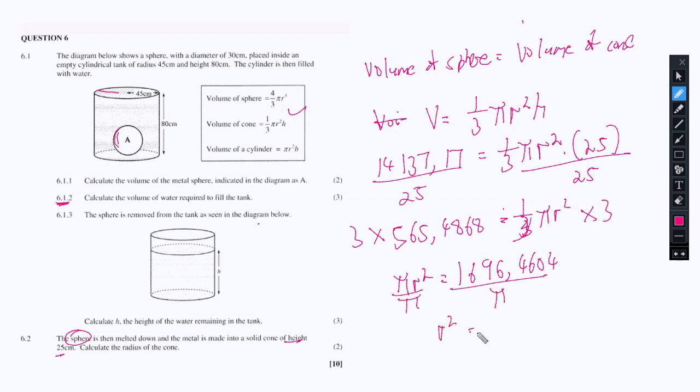And then r squared is equals to 1,696.4604 over pi. And then now let's put all that into a square root. So my radius now will become what?